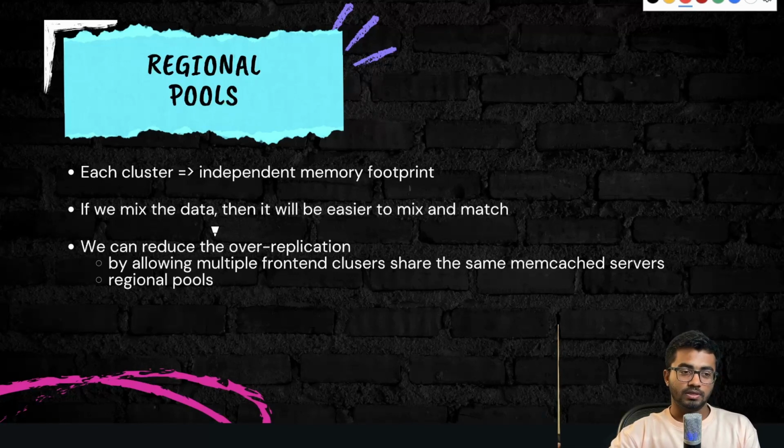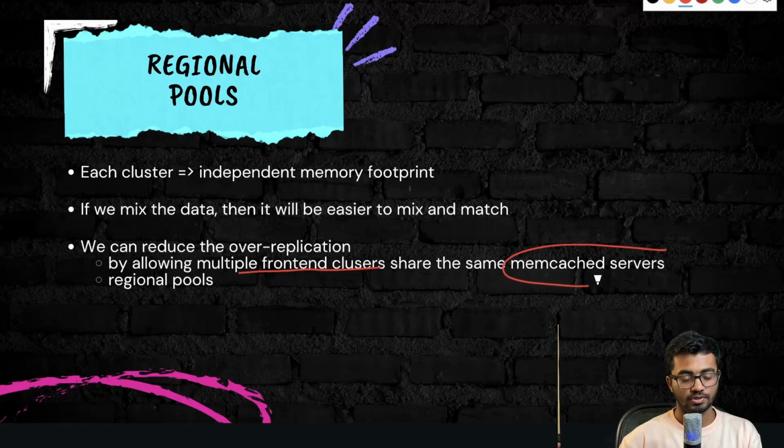When we are thinking about this, there is a problem that comes up because of over replication. Since the same data is shared across, there's a problem of memory inefficiency. We can reduce the over replication by saying that multiple front-end clusters can share the same Memcache servers.